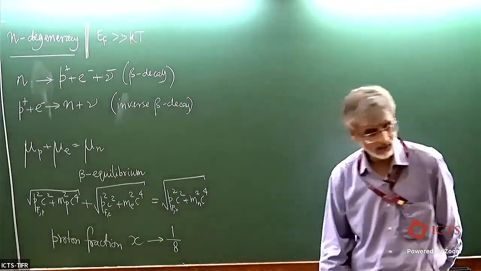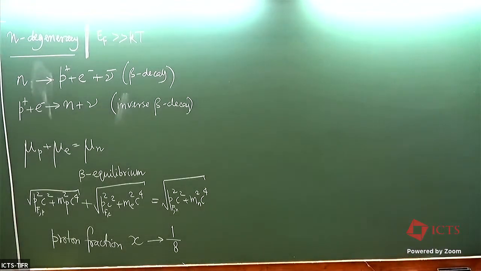All right. So that is only about 12% of the total number of baryons. So the rest of the baryons, let's say 88%, almost 90% of the baryons, will be neutrons. So the name neutron star is still well deserved, although you cannot have pure neutrons.